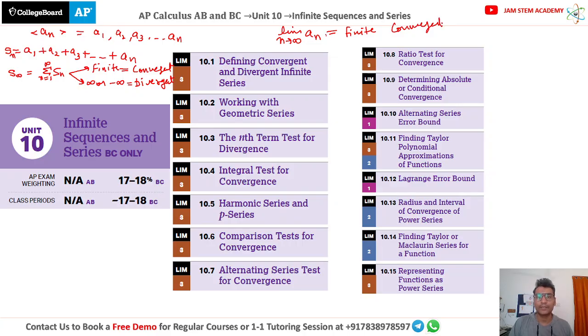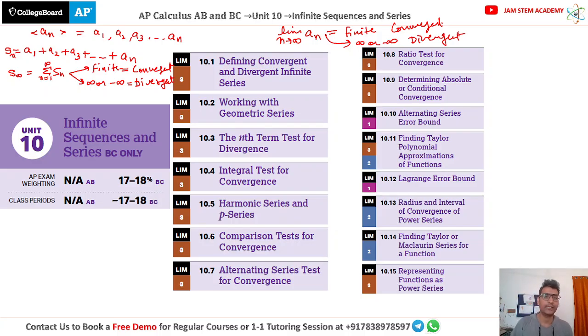But if the nth term of that sequence gives infinity or negative infinity, or is not giving you a finite value, in that case we call it a divergent sequence. So that's the meaning of convergent and divergent sequences and series. For a sequence, you just have to check the last term only, and for the series you have to take the sum of all the terms of that sequence.